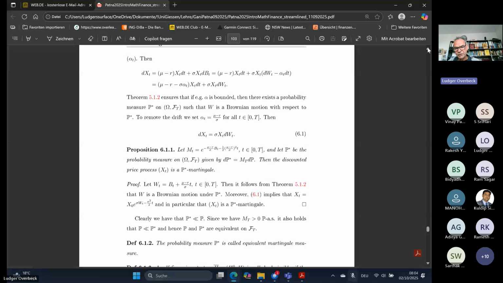We have to remove the drift mu such that the risky asset has the same return as the riskless rate, namely R. So under the martingale measure P star, the discounted process itself is just an exponential martingale, with W_T a Brownian motion under P star.